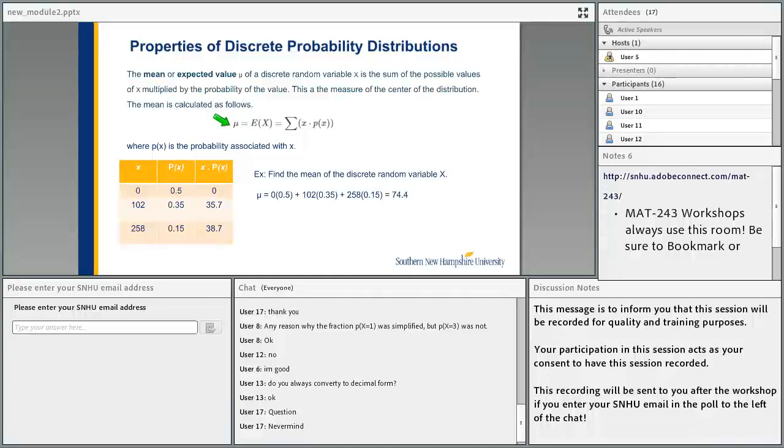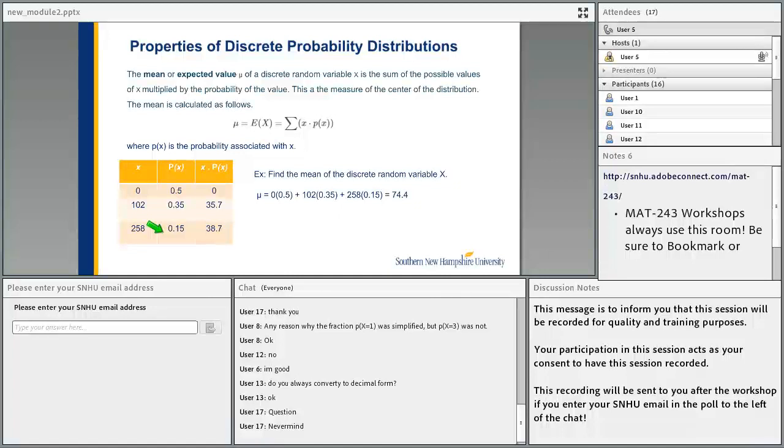So let's look at an example. I have a random variable X and I have three values, 0, 102, and 258. These are random values that I picked. The probability is 0.5, 0.35, and 0.15.